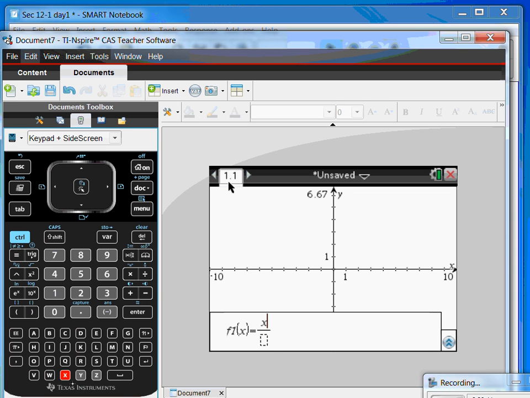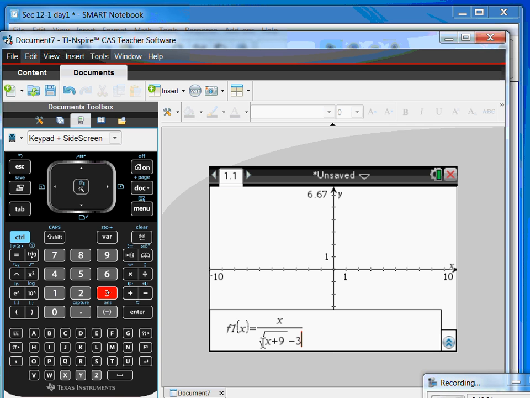What did we get? It's like a normal square root, right? Absolutely. It's like our square root function, just with a translation here.